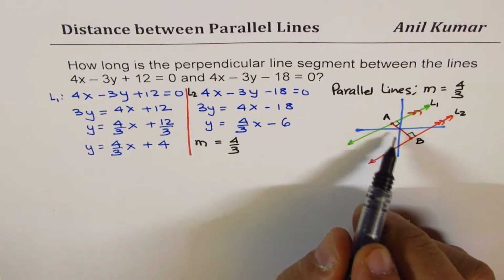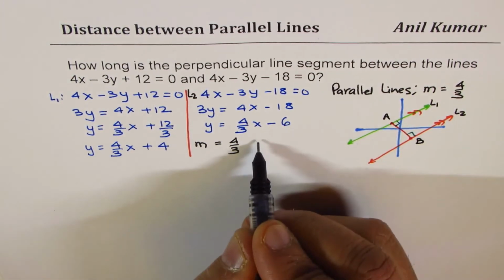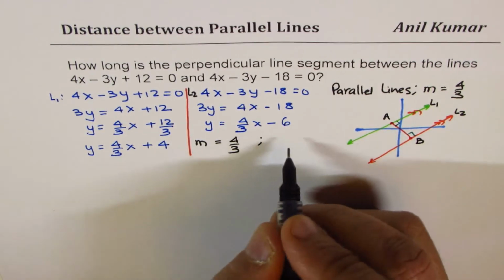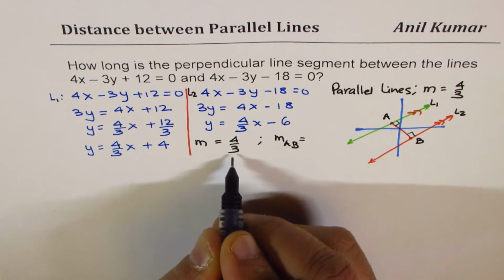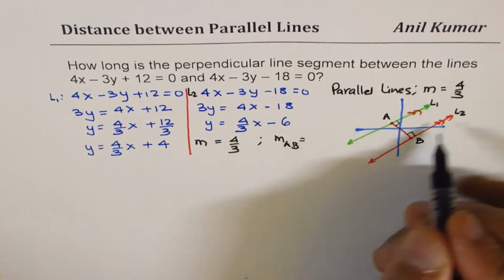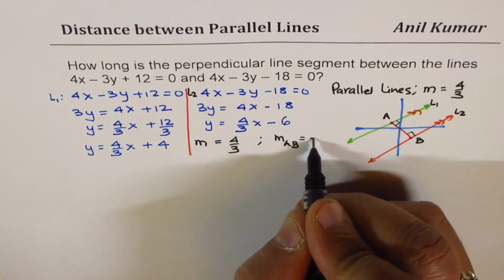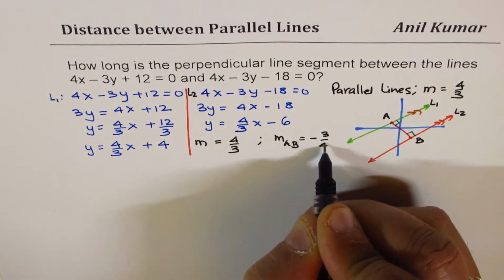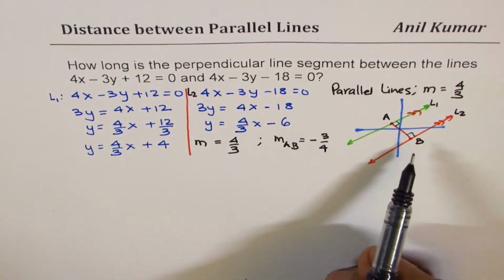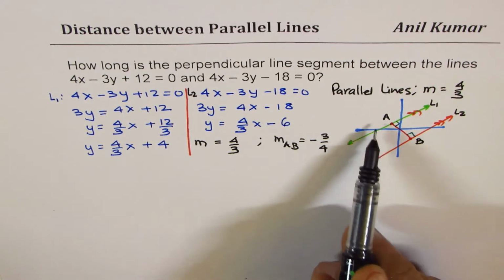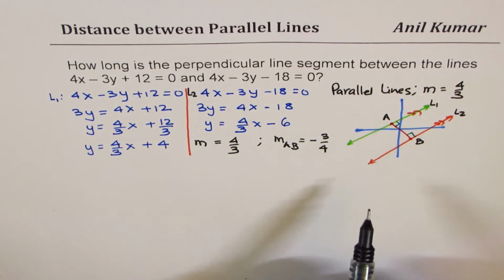So what is the slope of AB? The slope of AB is going to be the negative reciprocal of the slope of the parallel lines. So it will be minus 3 over 4, correct? Now if that is the slope of AB, then what is the equation of this line segment?